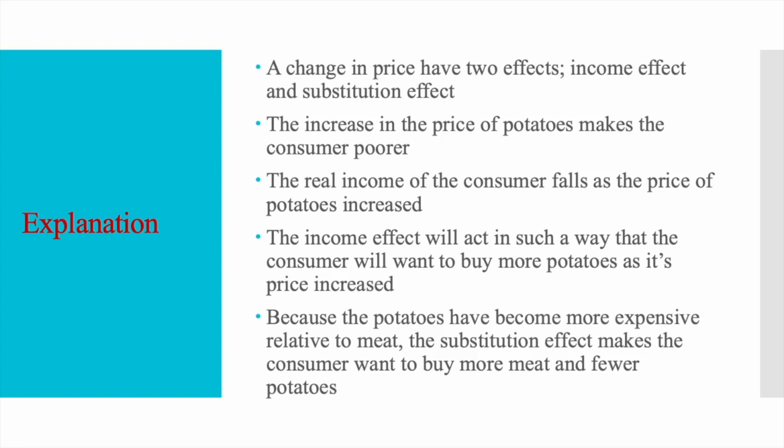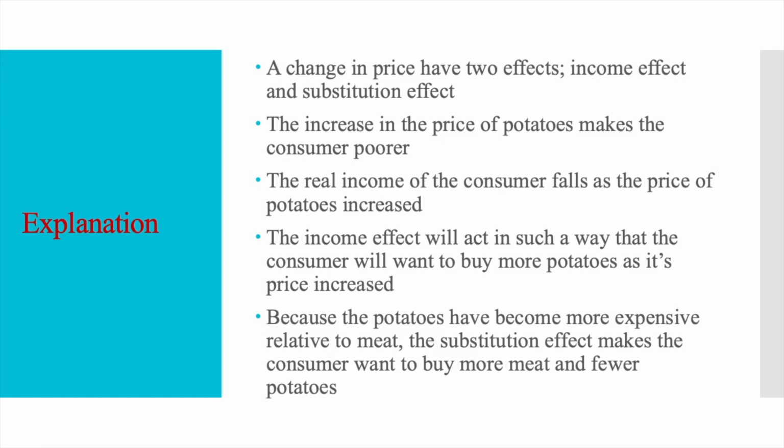The income effect will act in such a way that the consumer will want to buy more potatoes as its price increased and less meat to compensate for the increase in money spent on potatoes. At the same time, because the potatoes have become more expensive relative to meat, the substitution effect makes the consumer want to buy more meat and fewer potatoes.